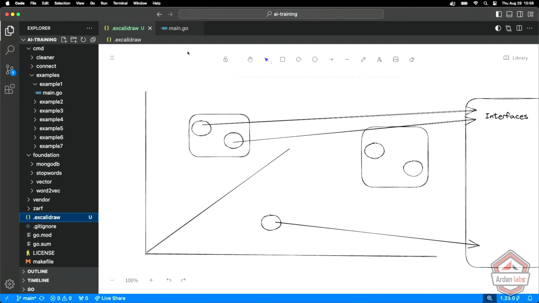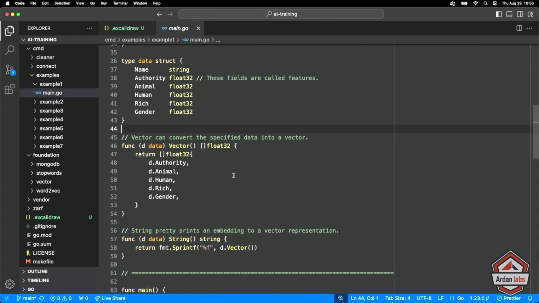But you'll learn that our vectors can be as high as 1,000 different points of accuracy in terms of what it represents. So in our case, it's just 5 points, right? Our vector is based on a floating point number related to authority, animal, human, rich, and gender. At some point when we use Ollama, one of the embedding models in Ollama, we'll get back 1,024 points.